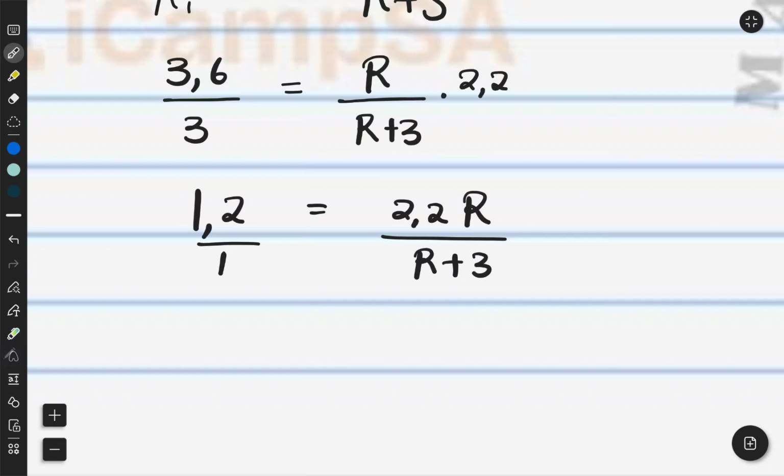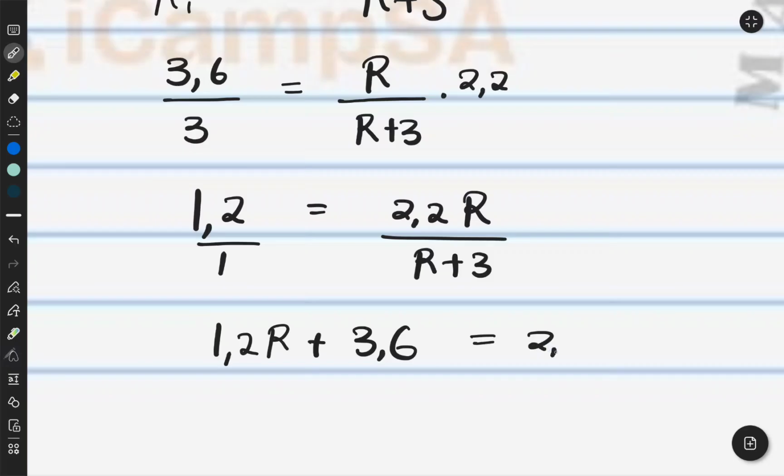Right, from here you can solve, right? You know that this is over 1, then you can cross multiply. Now it's much easier. So you'll have 1.2R plus 3.6, because 1.2 times 3 should be 3.6. And then here you'll be left with 2.2R, right? Then from here, if you transpose the R, you'll be left with R is equal to 3.6 ohms.